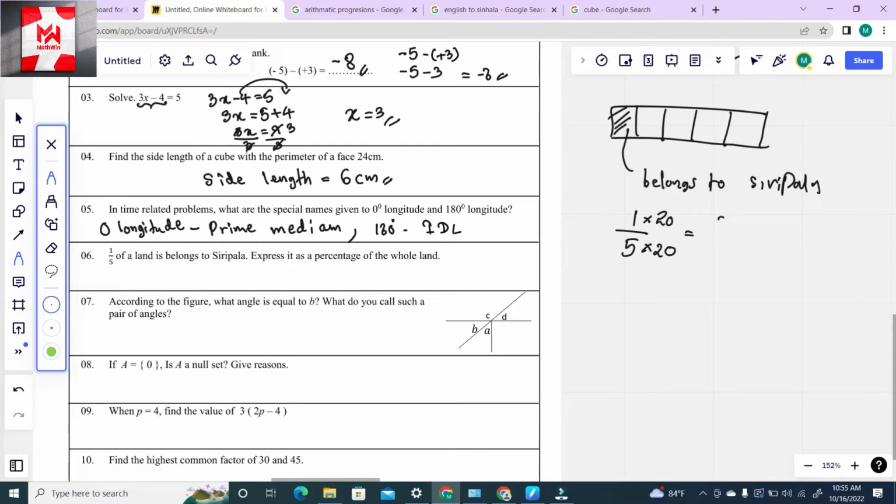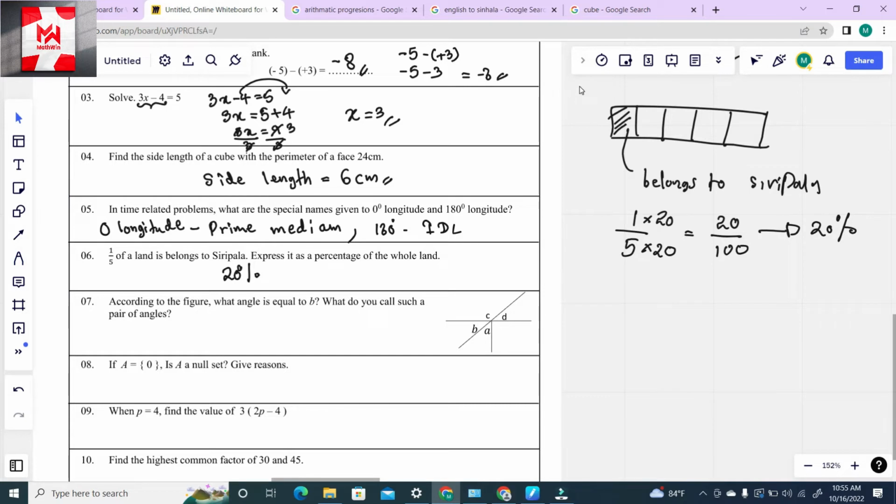Then it will become 20/100. We know this is called 20%. That means when we consider the total land, 20% of the land belongs to Siripal.